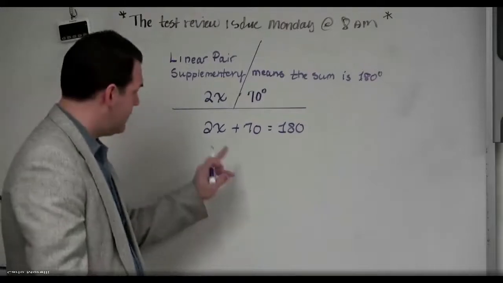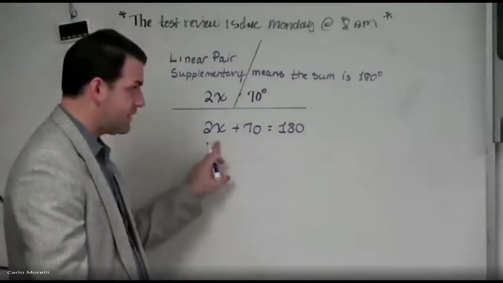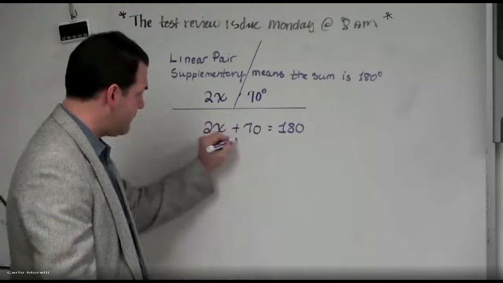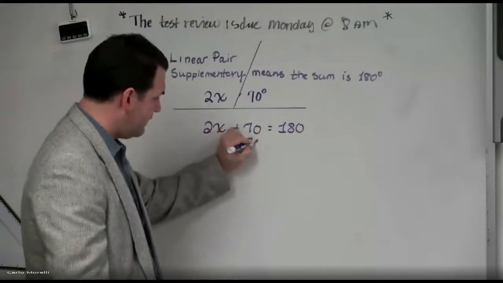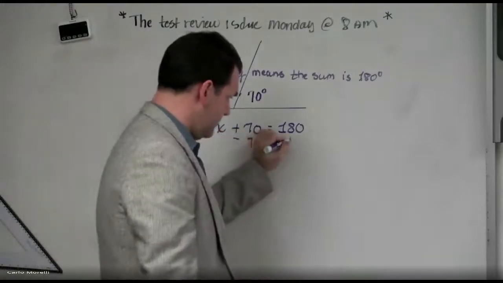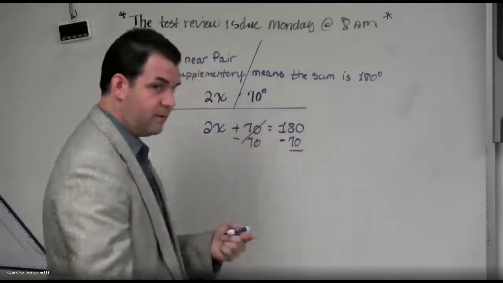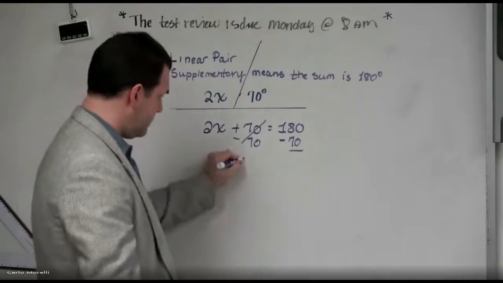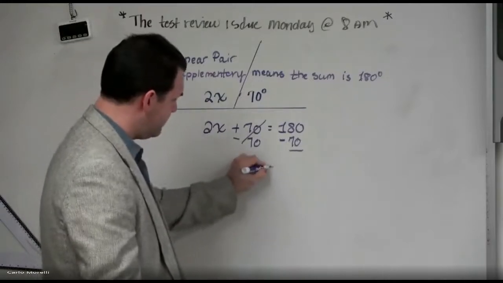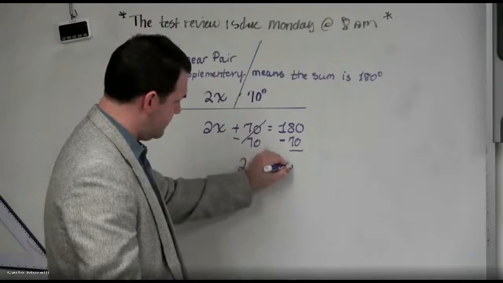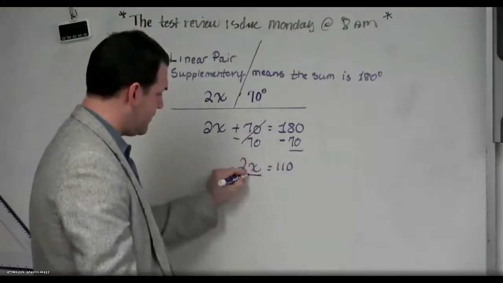First you have to determine what x is, and so you have to solve this little algebra problem. Subtract 70 from both sides. You already told me it would be 110. 2x equals 110. Divide both sides by 2.